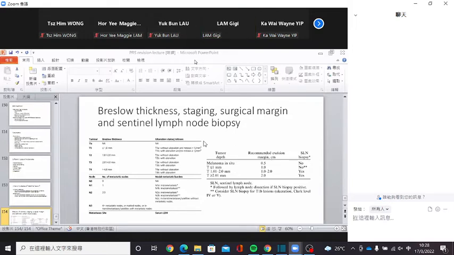Okay, any other answer from the floor? So anyone will propose excisional biopsy?